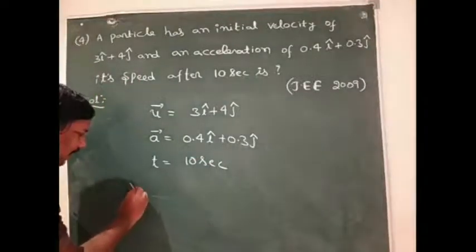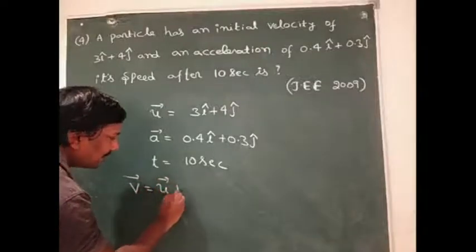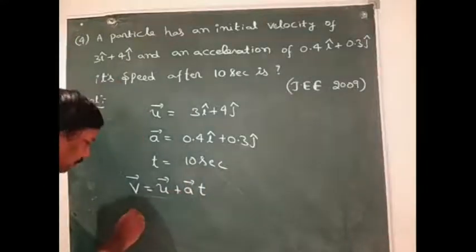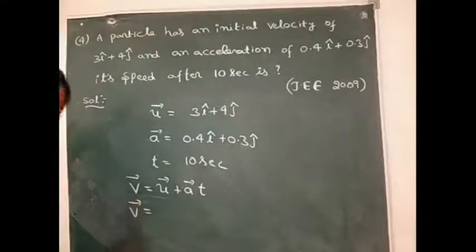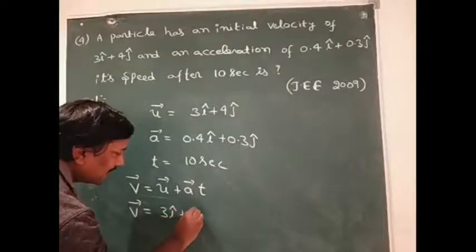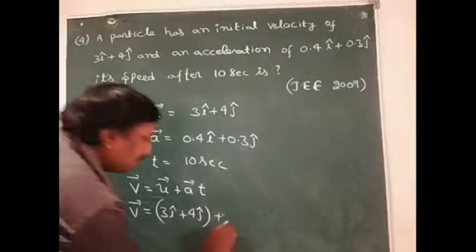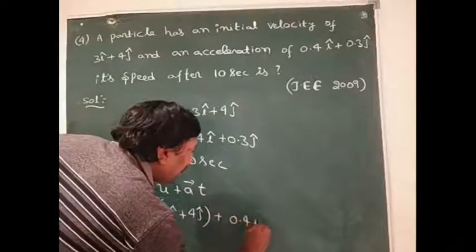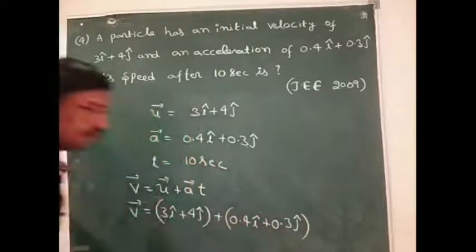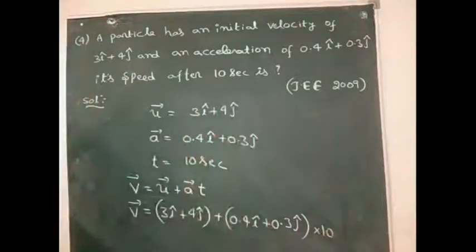Therefore final velocity v bar equals u bar plus a bar into t. So v bar equals 3i cap plus 4j cap plus (0.4i cap plus 0.3j cap) into 10.